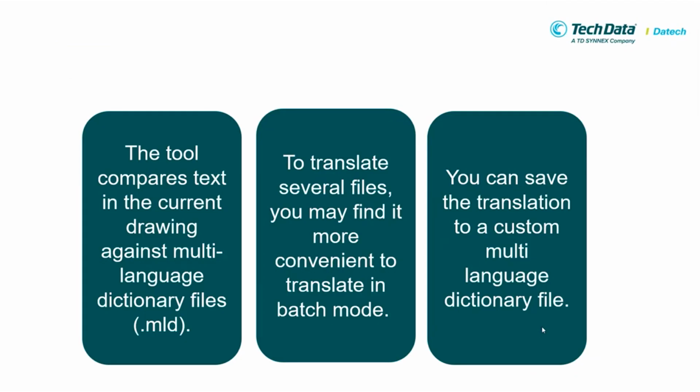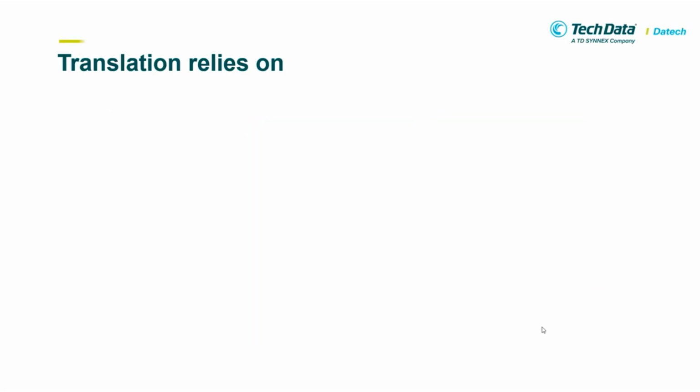If AutoCAD Mechanical Toolset cannot find the phrase in the default multi-language directory, it prompts you to type the translated text. Optionally, you can save the translated text as a custom language directory file, typically a file that has the same name as the drawing you are translating but with an MLD file extension. So you can compile a custom directory of all frequently used phrases that are useful for your subsequent translations.